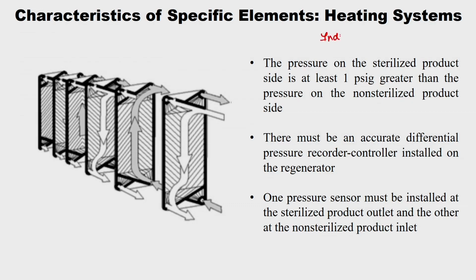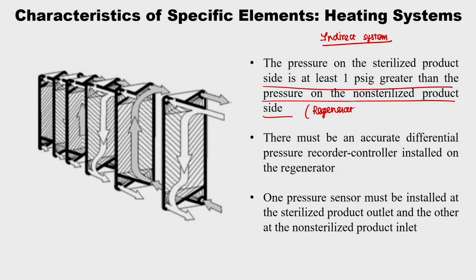Indirect heating system, you are aware of it by now. Indirect system, plate heat exchanger, we have done the problem as well. The pressure on the sterilized product side is at least 1 psig greater than the pressure on the non-sterilized product side, where it is in the regeneration section.